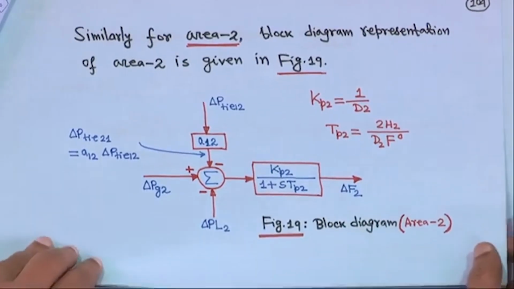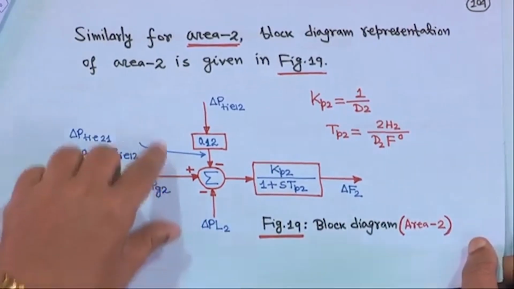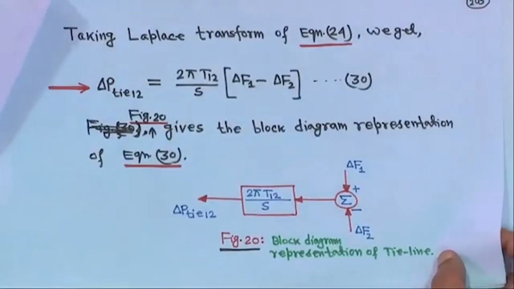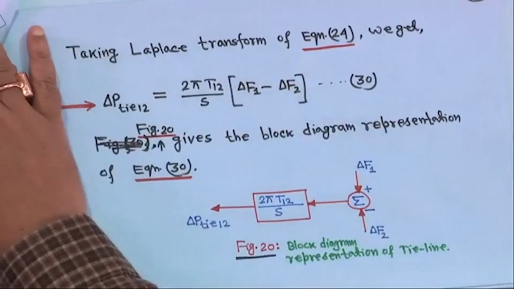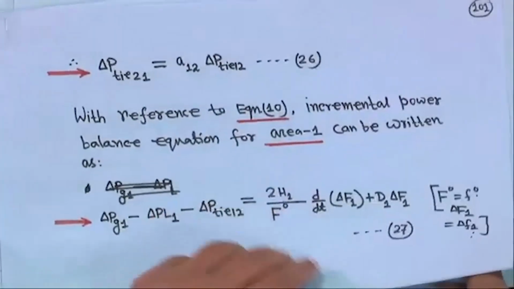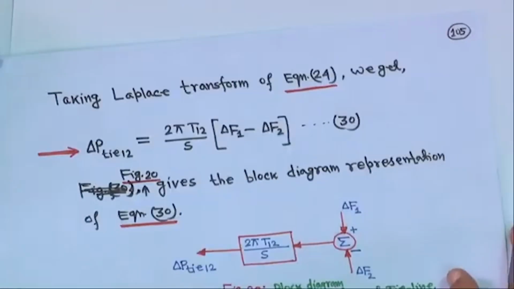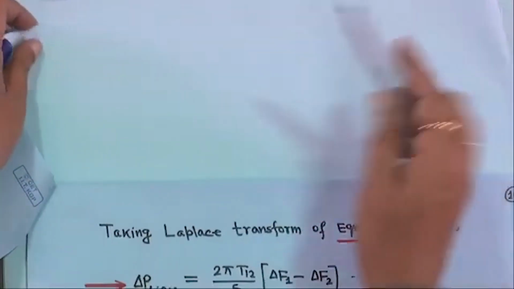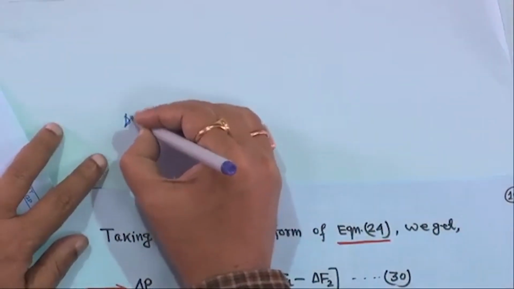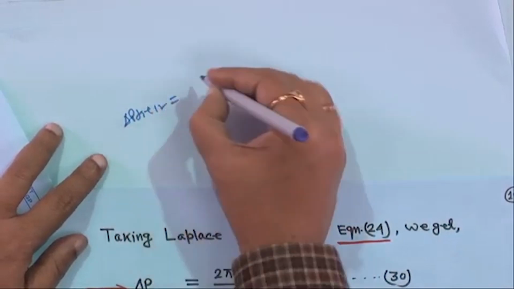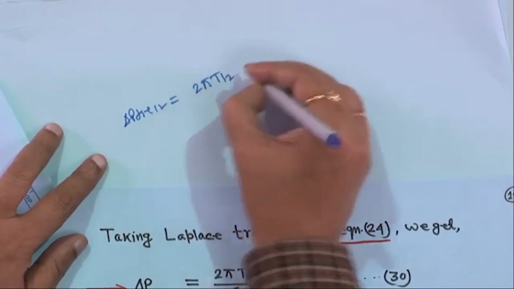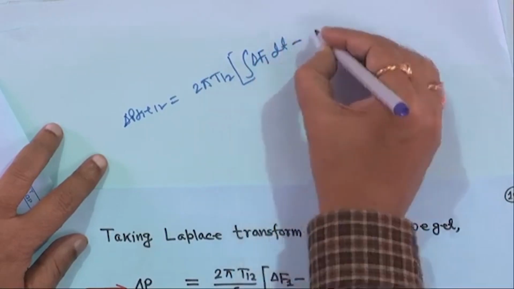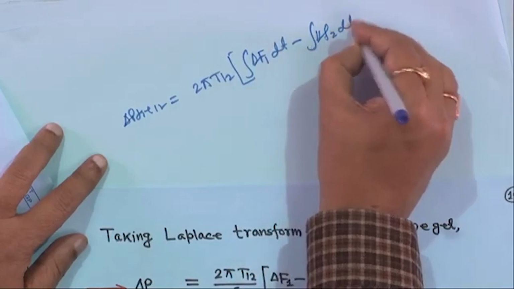Next we have to complete the block diagram. So, from equation 24, rather than searching I am writing here that delta P tie 12 is equal to 2 pi T12, in bracket it was integral of del F1 dt minus integral of del F2 dt.